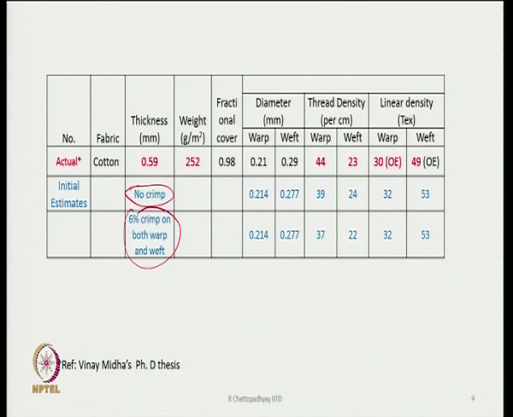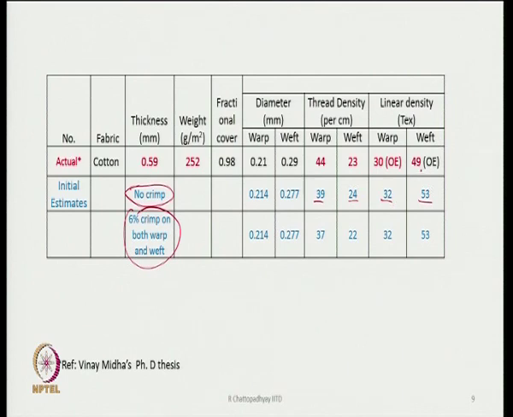With no crimp assumption, the thread density values come to 39 and 24. Compared to the actual 44, we get 39 here, and against 23, we get 24. They are very close.